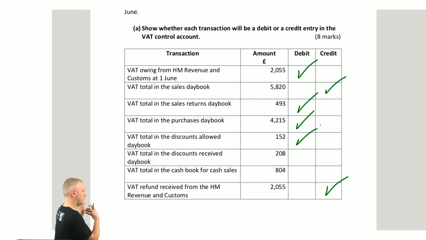If you're paying the suppliers less money, it's the opposite of a purchase. It's a reduction to a purchase. So that goes on the opposite side to the purchases. And the total in the cash book for cash sales is more sales, which gives us a final tick equivalent to sales. Oh my goodness me, I just need a coffee, which I don't have.